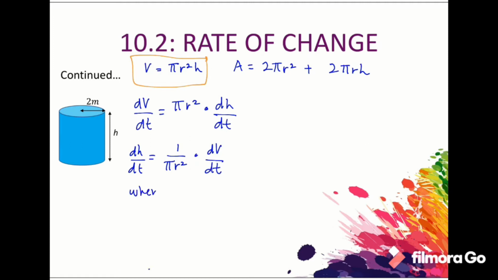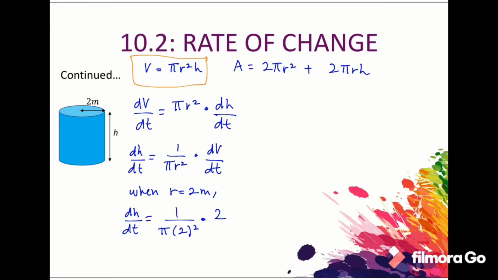So when r is equal to 2 meter, dh/dt is equal to 1 over pi times 2 squared times dV/dt, which is also 2.